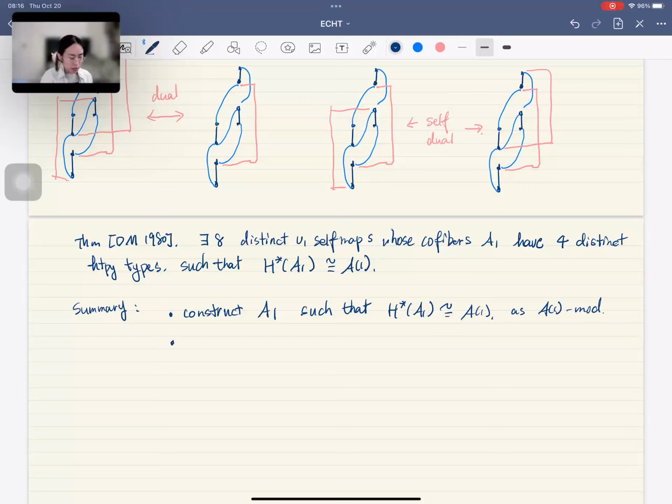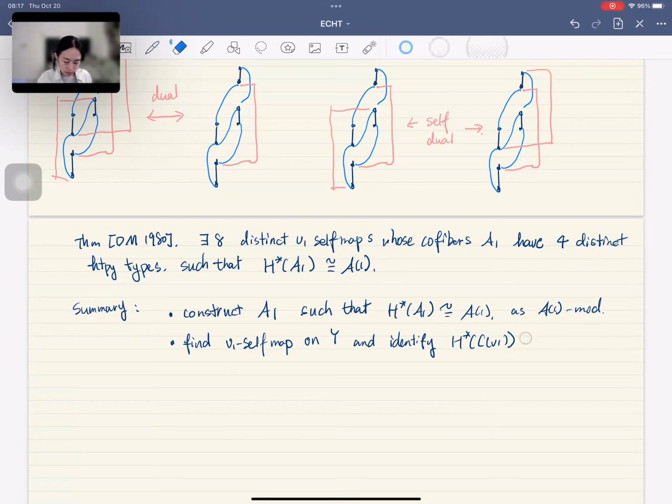And then they find a V1 self-map on Y, using some computation tool, and they identify the cohomology of the cofiber with the spectrum they constructed.